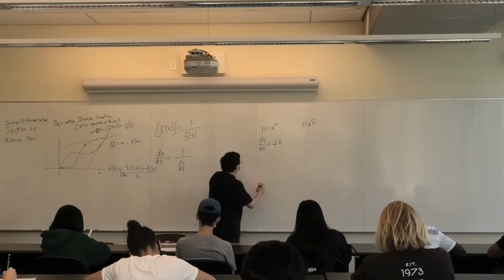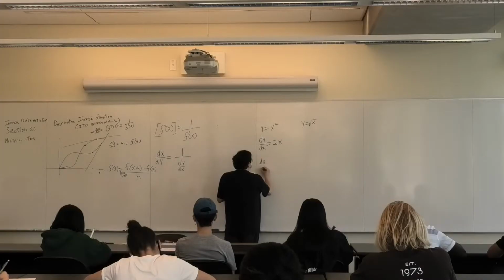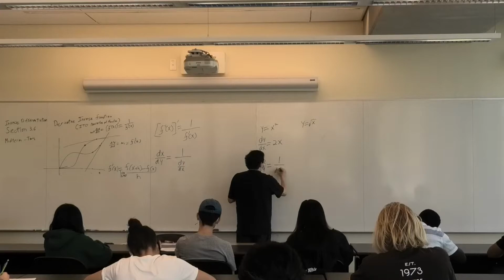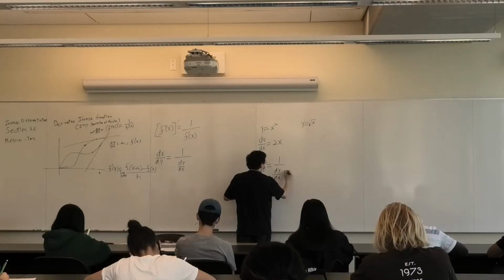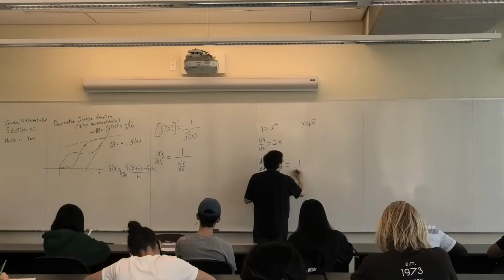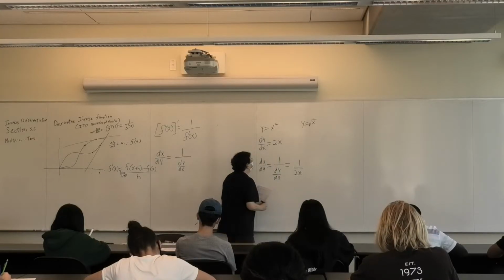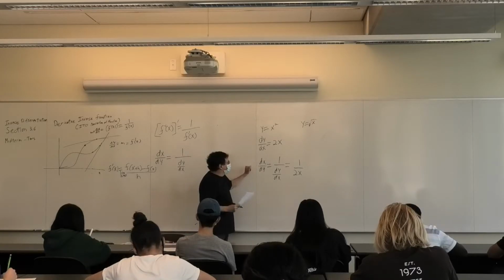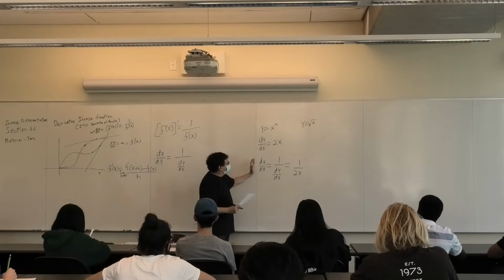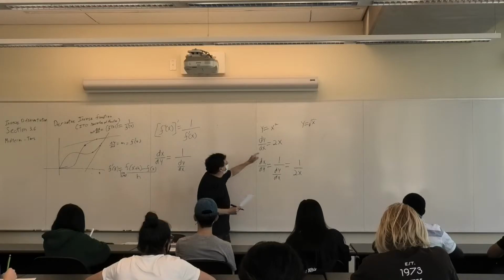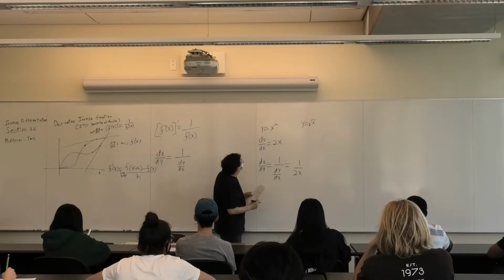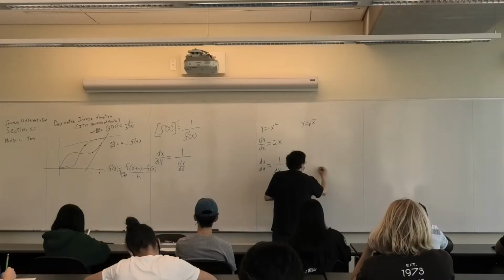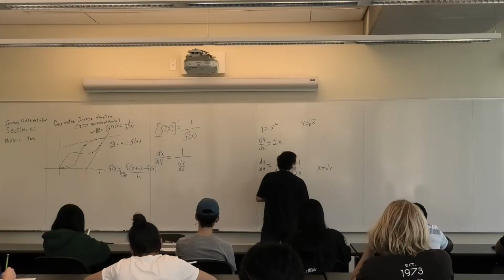So our formula says dx/dy is equal to 1 over dy/dx, which is 1 over 2x. But we're looking for an x in terms of a y. Well, if y is equal to x squared, then x equals the square root of y.